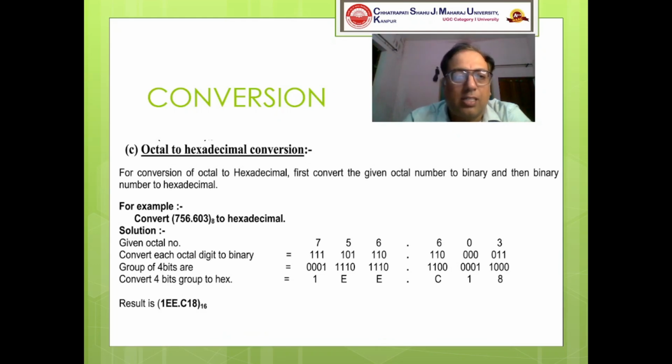Octal to hexadecimal. For conversion of octal to hexadecimal, you must first convert the octal number to binary, by simply taking 3-bit digits.